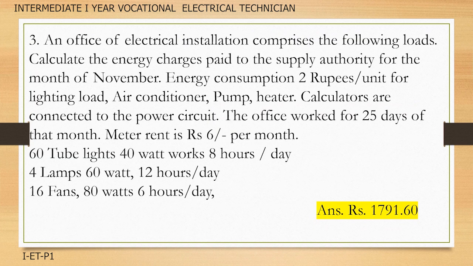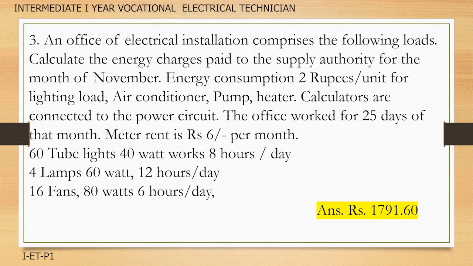Next, third question. An office electrical installation comprises the following loads. Calculate the energy charges paid to the supply authority for the month of November. Energy consumption is 2 rupees per unit for lighting load, air conditioner, pump, heater. Calculators are connected to the power circuit.